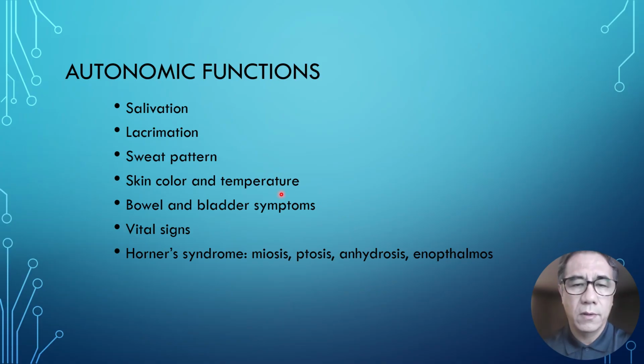If there's bowel or bladder dyscontrol or poor control, that is also dysautonomia involving the spinal cord reflexes. Patients may have hypertension alternating with hypotension, bradycardia alternating with tachycardia for apparently no reason, or in Horner syndrome, miosis, ptosis, anhidrosis, and enophthalmos.